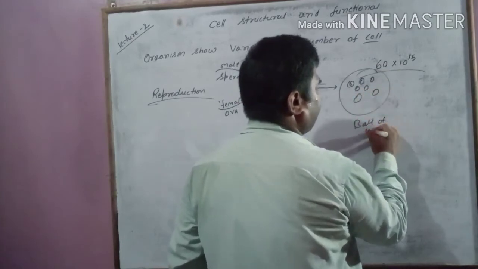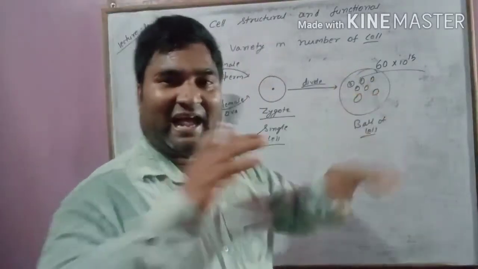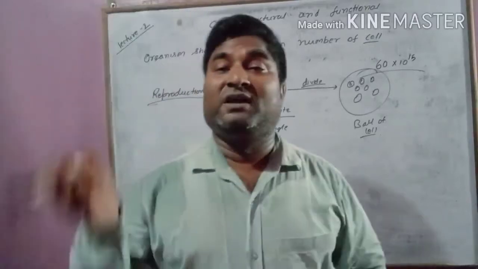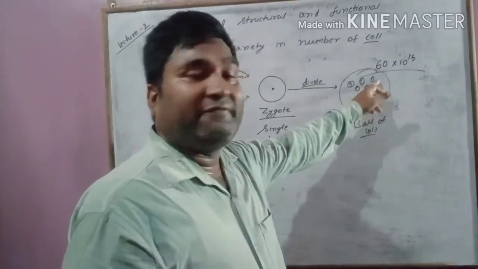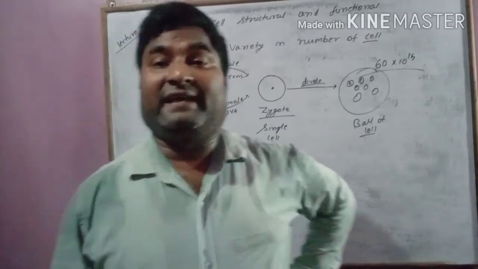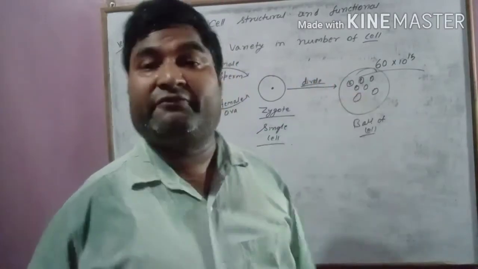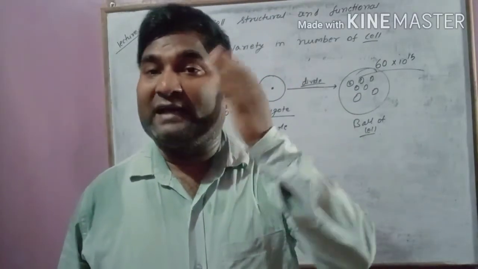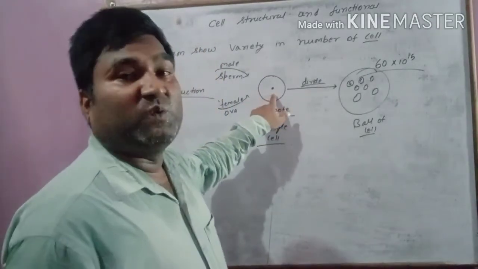In this ball of cell, some cell forms hand, some cell form leg, some cell form eyes, some cell form ear. Means different part of the body is made by these cells only. So we can say that the different cells, for example cells of ear, nose, mouth, eyes, hair, all cells started from this cell only.